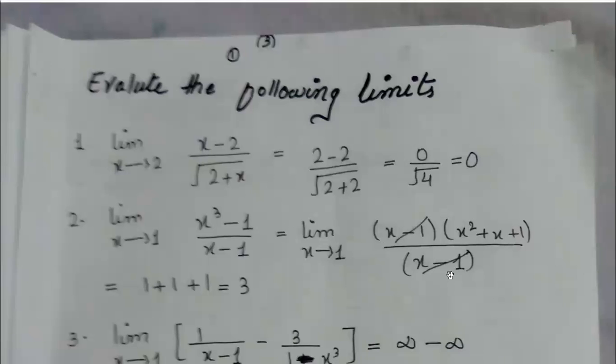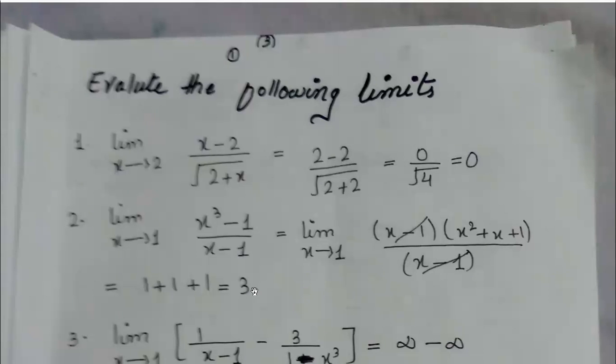Now x minus 1 and x minus 1 cancel. We have x squared plus x plus 1. Now apply the limit on x squared plus x plus 1. What we get? 1 plus 1 plus 1, we get 3, and 3 is a finite number. It means the limit as x tends to 1 of this function exists and is equal to 3.